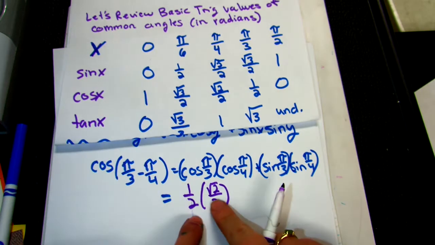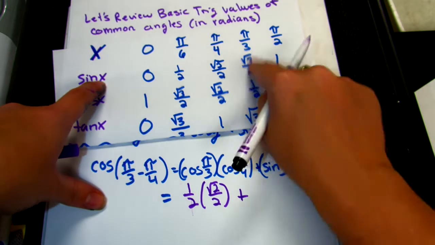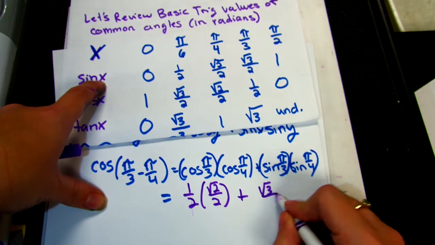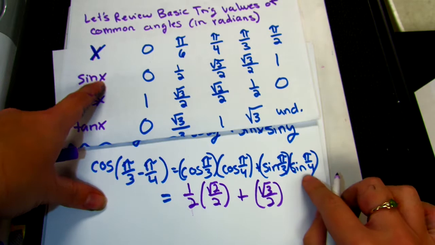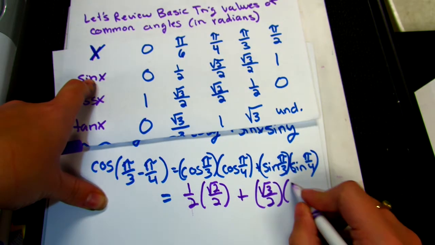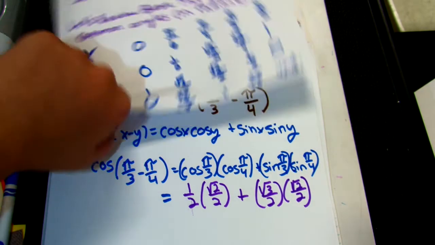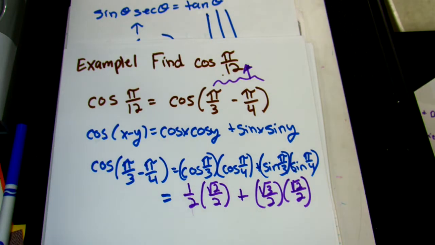All right, so this is that piece, plus sine of pi over 3 is the square root of 3 over 2, times the sine of pi over 4, which is the square root of 2 over 2. All right, so now I've got to simplify that, right? I'm almost there.